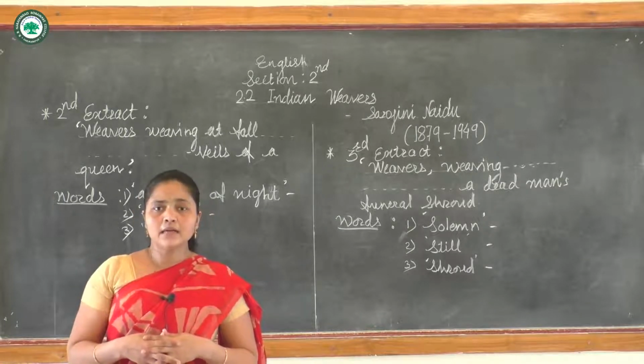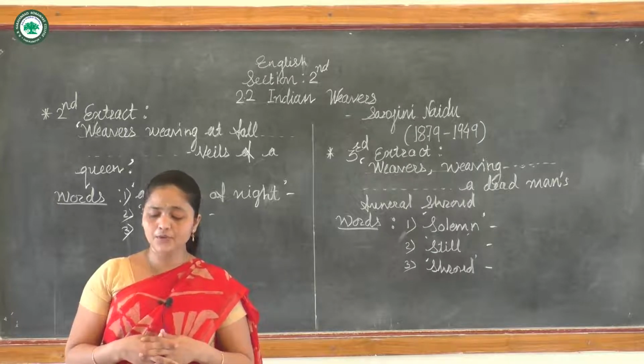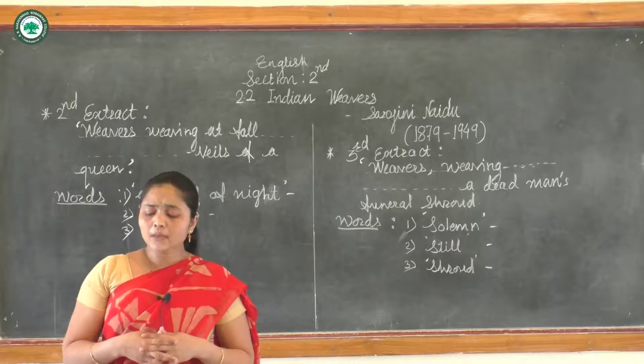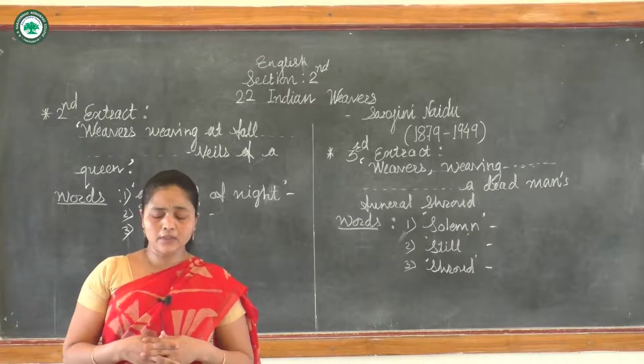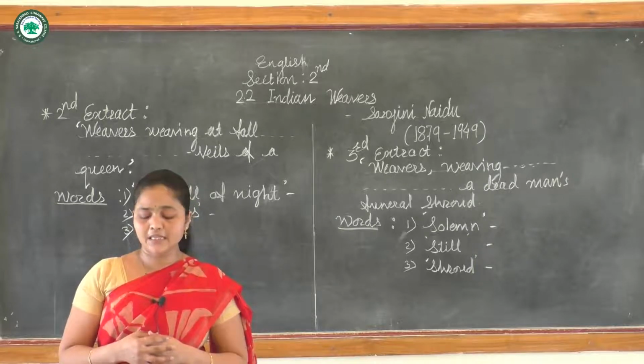So here a direct comparison is made by the poet Sarojini Naidu. The soft feather of a peacock is directly compared to the garment of the Indian weavers.